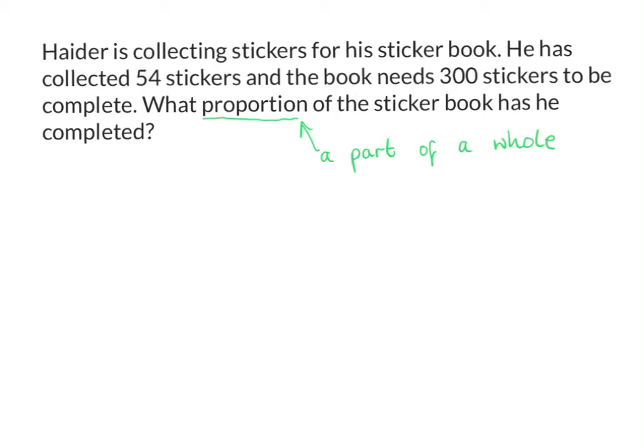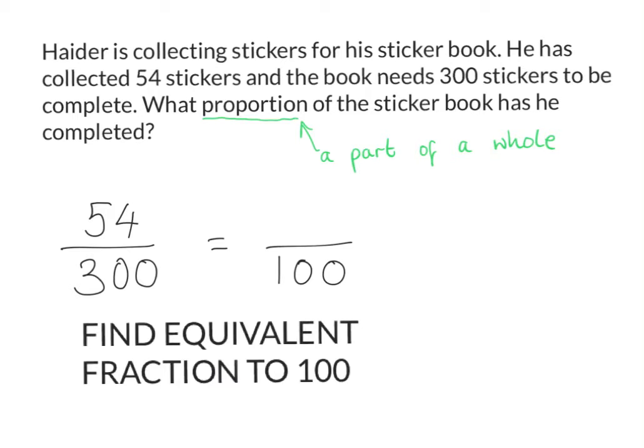So as a fraction then, he's collected 54 stickers, but it needs 300 to be complete. So that would be my fraction, 54 300ths. Now, it's tricky because we're going to have to change it so we can put it into percentages and into decimals. So watch what I do now. You may have recalled last lesson I said that percentages were always out of 100.